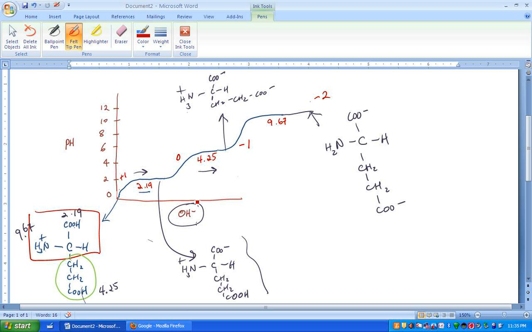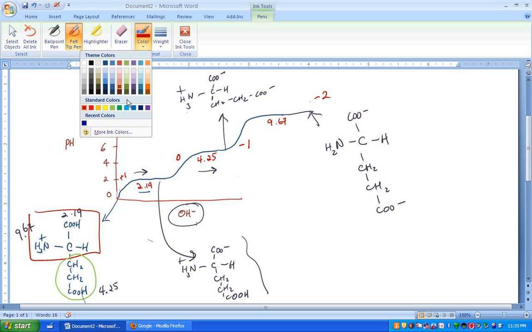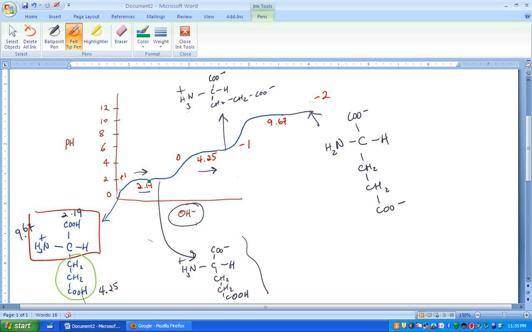If you want to analyze this further, just like you have done in the lab, we can look at one more thing here. I just want you to realize that at 2.19, which we said is the pKa value for COOH group from the backbone, right at 2.19 is when the concentration of COOH is equal to the base form of that, COO minus.